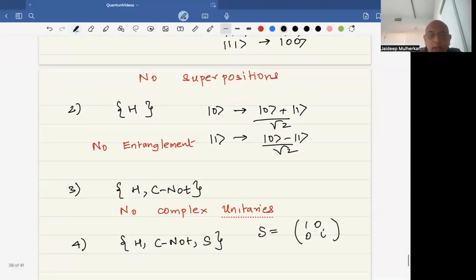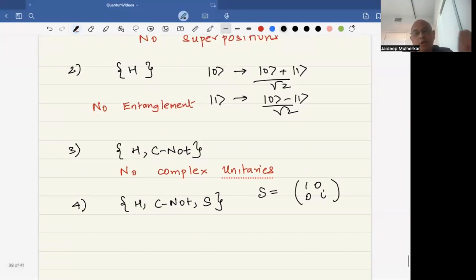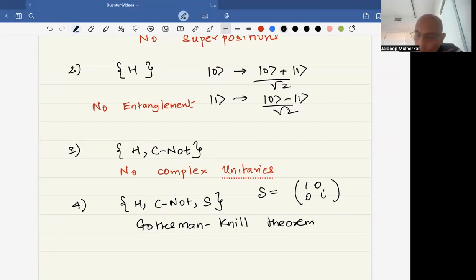It turns out that due to a theorem in error correction called the Gottesman-Knill theorem, this gate set can be simulated efficiently classically. So again, this is not a universal set. This theorem we will learn when we do error correction. But regardless, this gate set is not a universal set.